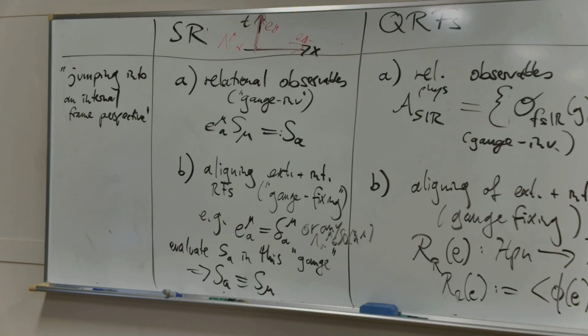So that's S, I'm doing B prime. Is that clear? Maybe I'll add the tilde here. This is just e prime.